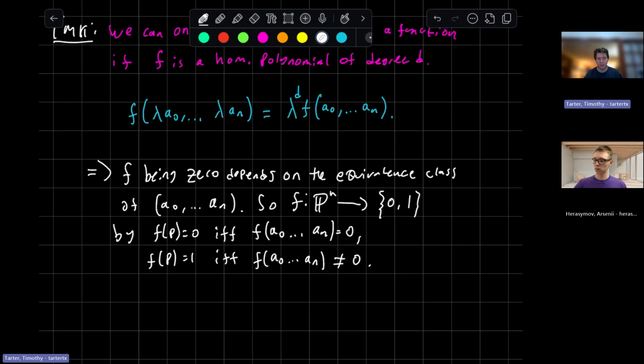This really characterizes how we're thinking about functions in general.